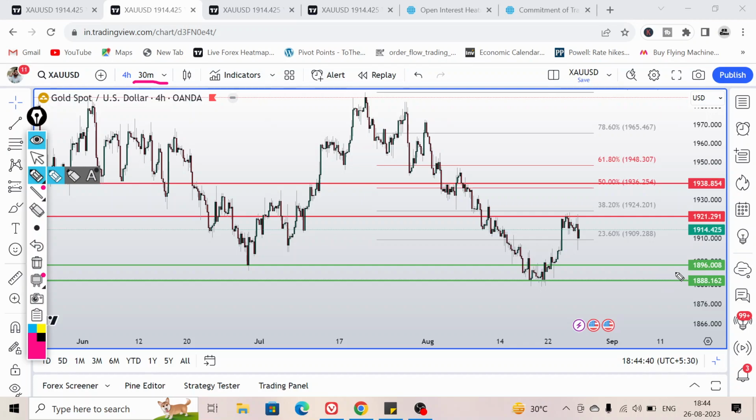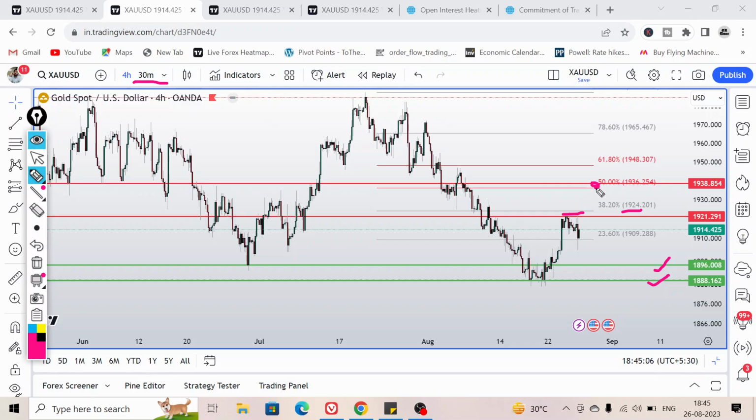Currently this level 1896, 1888 is the support, and the immediate resistance is of course around 1921, 1922, right over here. And on Fibonacci, 1924 is a resistance. Above that, 1935 to 1938, this zone is a resistance zone.